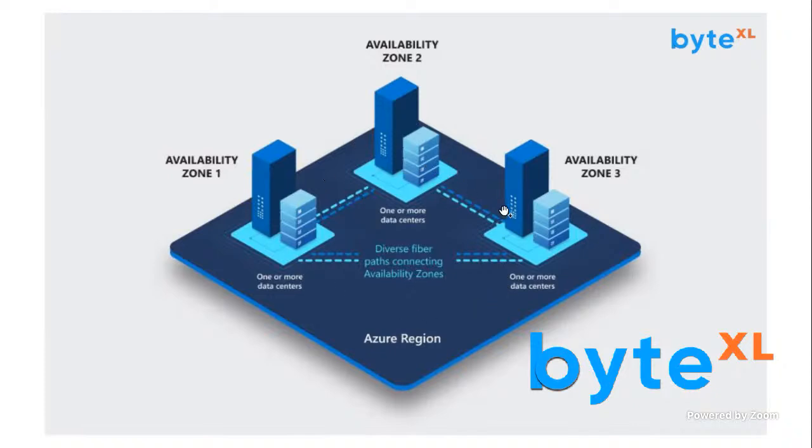Azure availability zones are unique physical locations within a specific Azure region. These zones offer high availability to protect your applications as well as data from data center failures. Each zone is made up of one or more data centers. There are availability zone 1, availability zone 2, and availability zone 3.